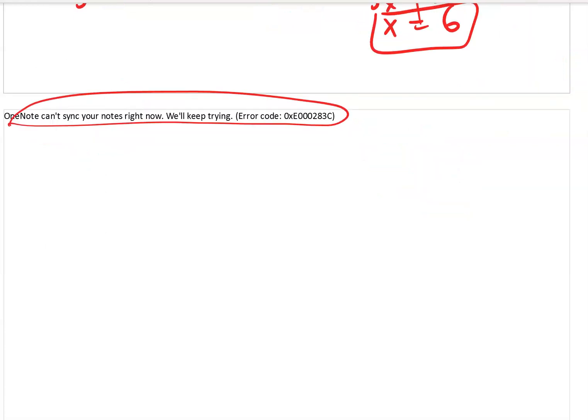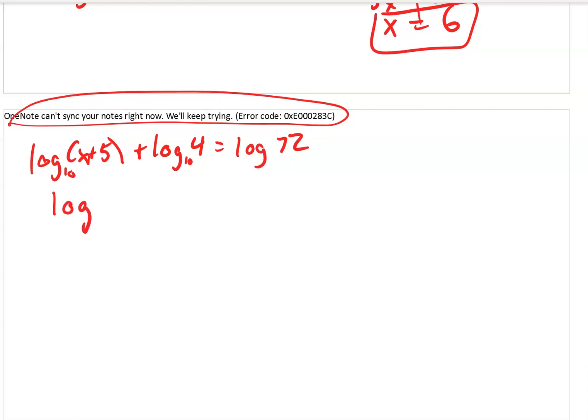So the next problem, log of x plus 5 plus log 4 equals log 72. Same base. So let's go ahead and bring these together. This will be log of, when we add the logs, multiply the insides.